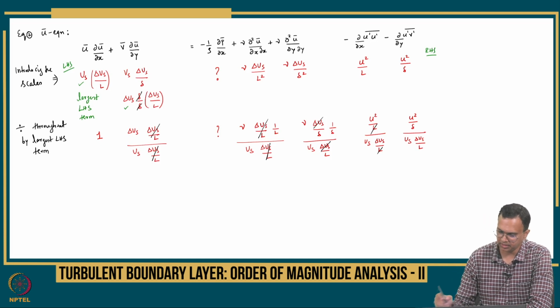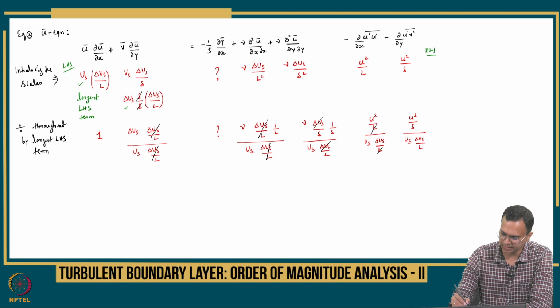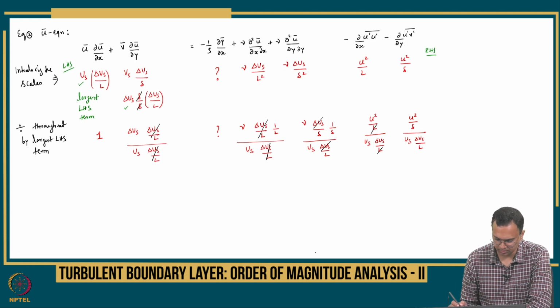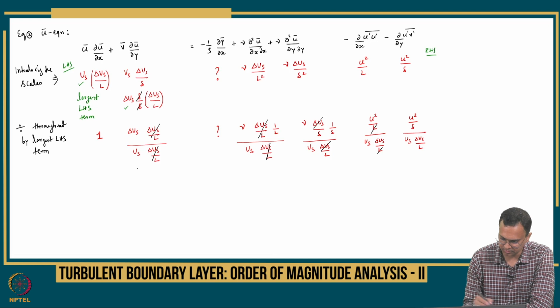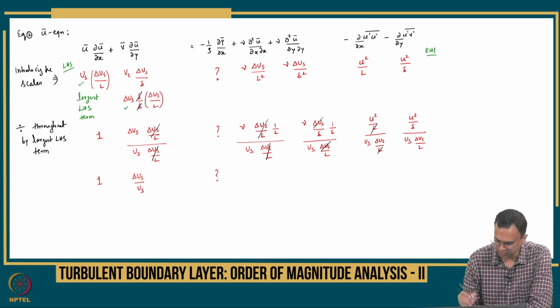So now if I rearrange, what do I get? If I rearrange here, I can write this as, so this is essentially 1 as before. I have here delta U_s by U_s, this is a question mark.